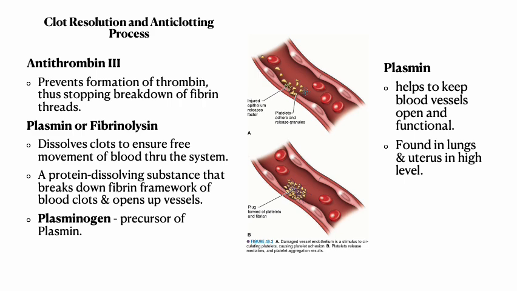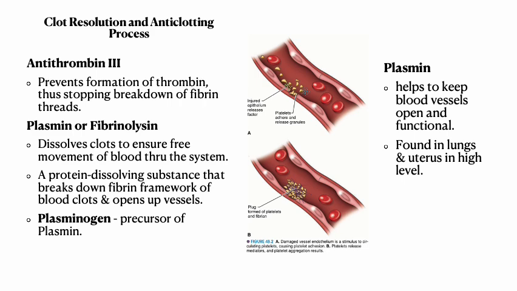Okay, we now continue with clot resolution and the anti-clotting process. Blood plasma also contains anti-clotting substances that inhibit clotting reactions that might otherwise lead to an obstruction of blood vessels by a blood clot.